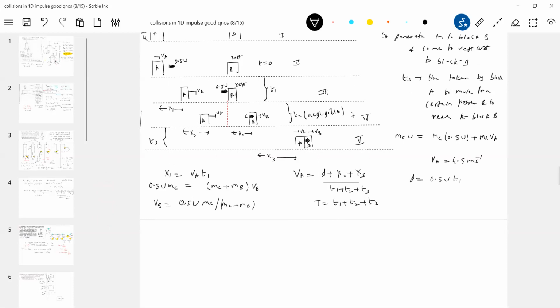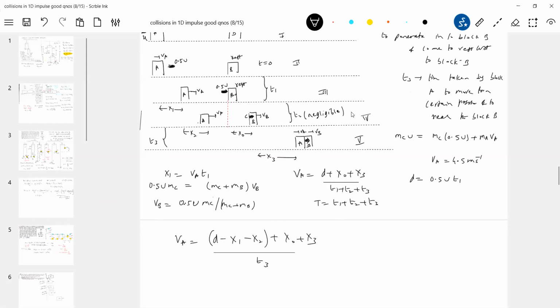How much distance has the block A moved in the interval of time T3? VA equal to d minus x1 minus x2 plus x0 plus x3 over T3. Do you agree? Look at the fourth and the fifth diagram.